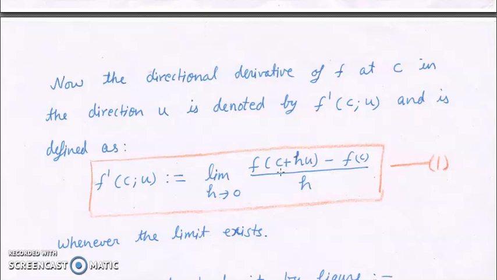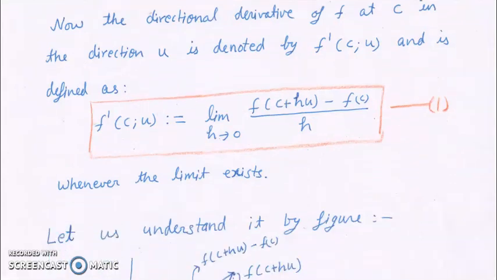It is not necessary that this limit always exists. Whenever it exists, we say that the directional derivative of f at C in the direction of u exists. Otherwise, the directional derivative does not exist.